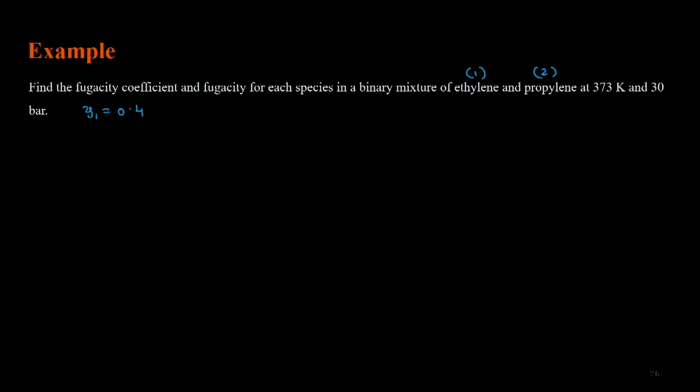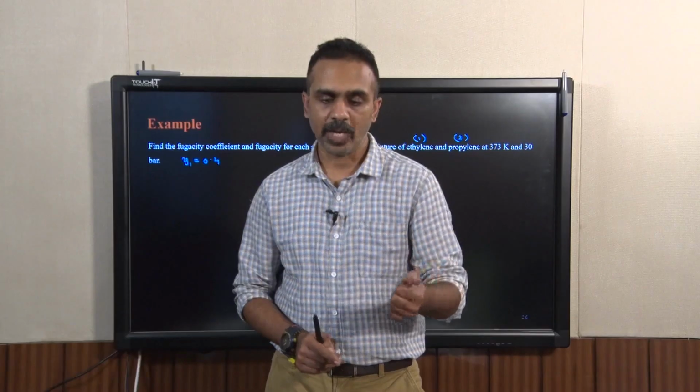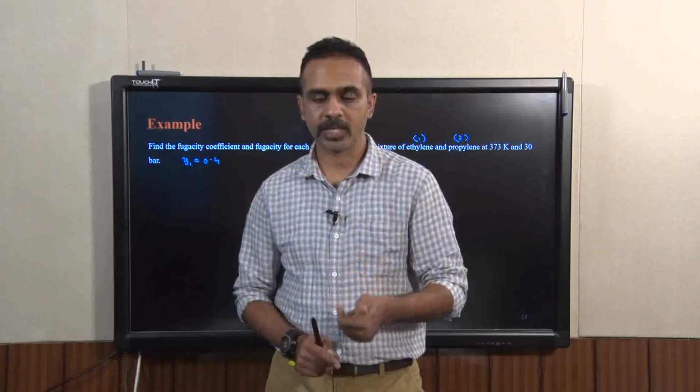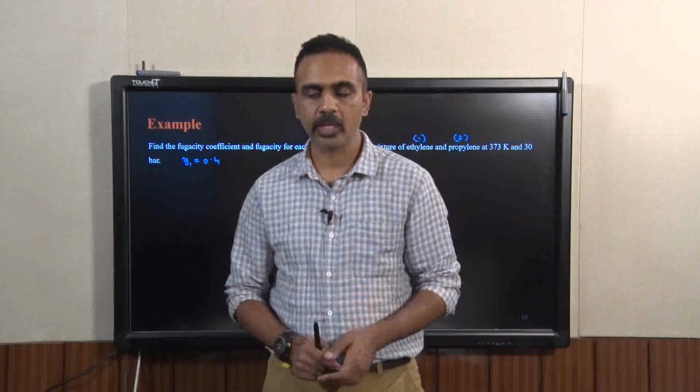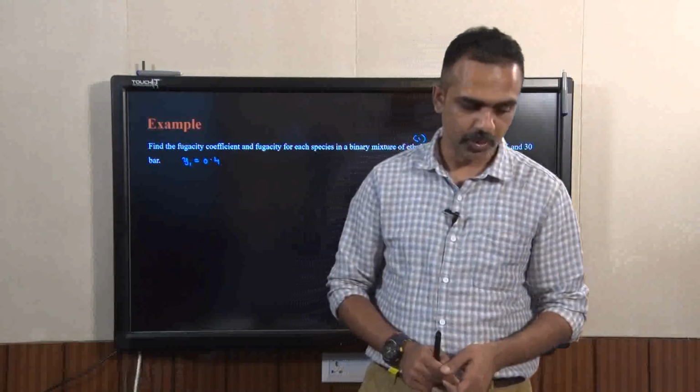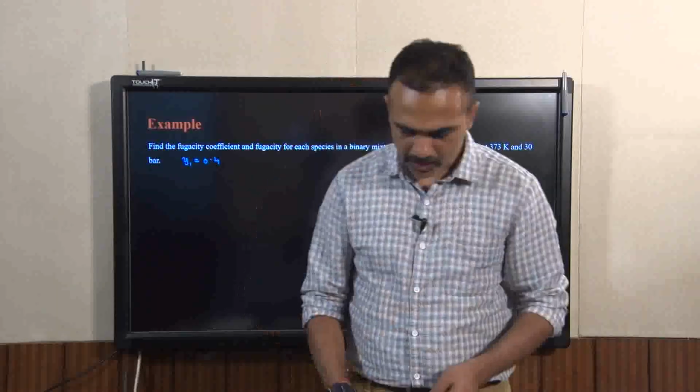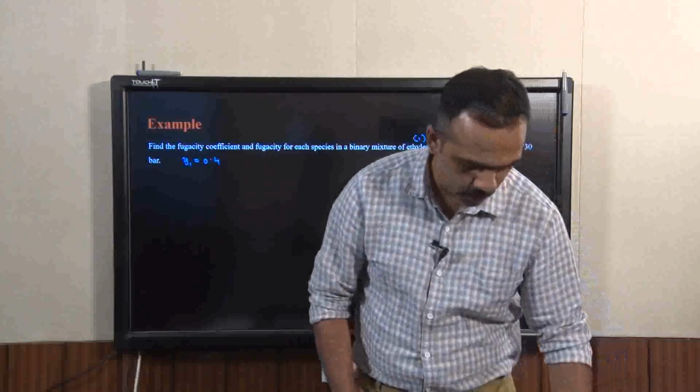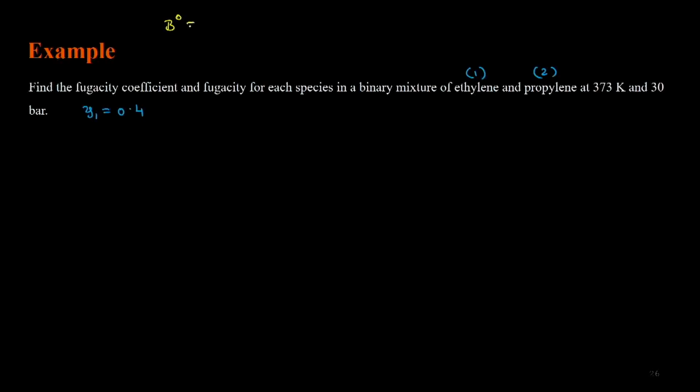So then let's restate the problem. We want to obtain the fugacity and fugacity coefficient for each species in a binary mixture of ethylene and propylene, ethylene being 1 and propylene being 2. The mole fraction of ethylene in this mixture, y1, is 0.1. We want to use the virial equation of state to do this particular calculation. So we're going to use the formula we wrote earlier. B0 we want to obtain using this equation, and B1 using this equation.